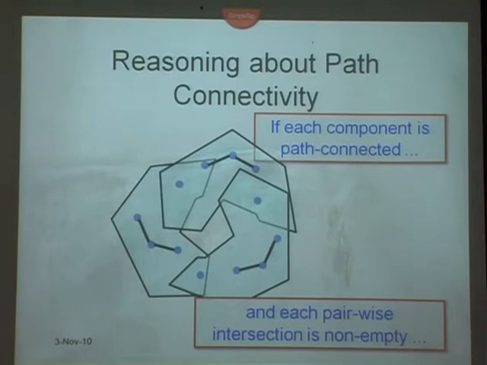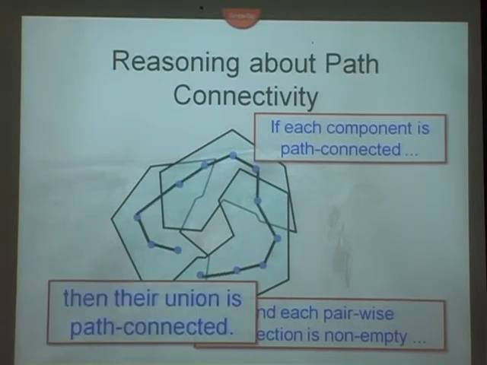We can deduce that the whole thing is path connected. The union is path connected. So this is a pattern that we'll use for more sophisticated properties later on, where each component has some property, the intersections have a slightly weaker property, and then we can put everything together to say the union now has this property. So we'll be doing this in a much more complicated way later on.